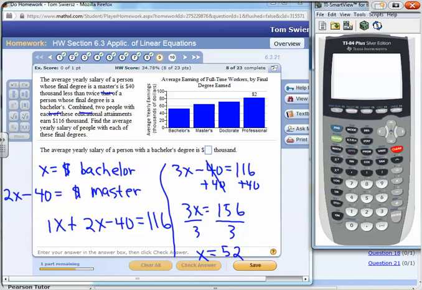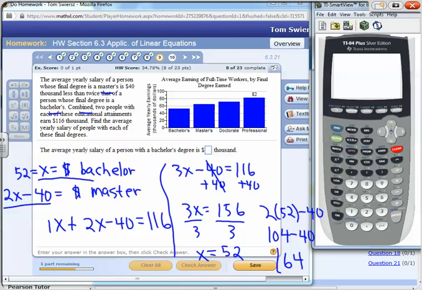So x is 52. Now, the average bachelor's degree is x, right? So it's 52. The master's is what? 2x minus 40. So it's 2 times 52 minus 40. 2 times 52 is 104, minus 40 is 64.